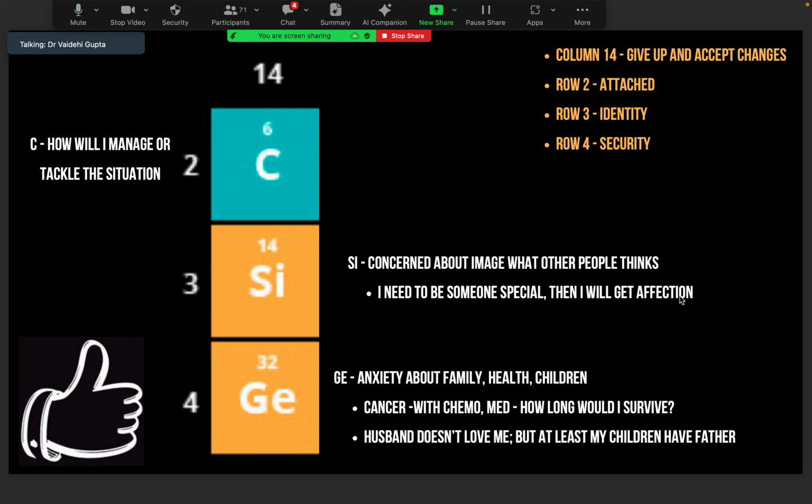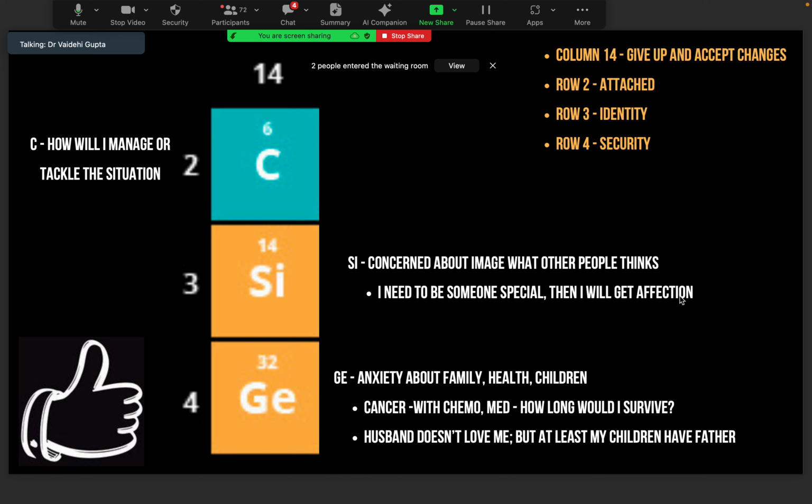Germanium, it is a row of security. Germanium, anxiety about family, health, children. So they are quite concerned about security. Like when there is a cancer patient who is on chemo, who is taking medicines, he will ask the doctor, okay, I have cancer, but now what? How long will I survive? There is a sign of hope that it's okay.